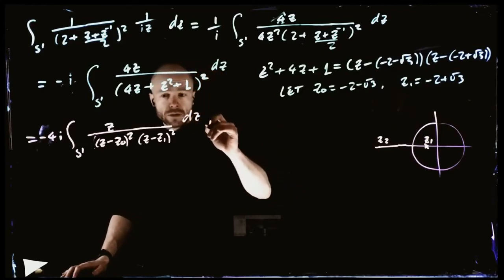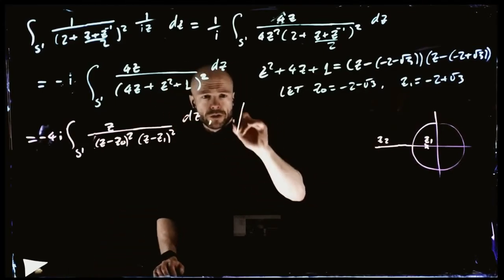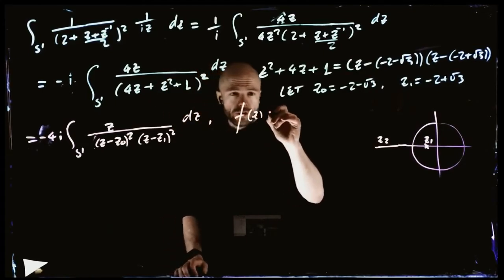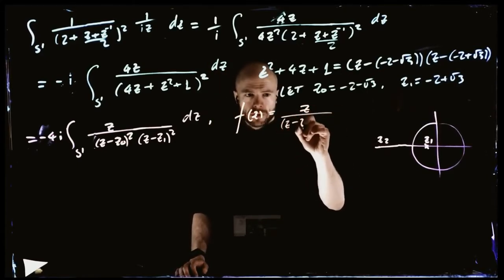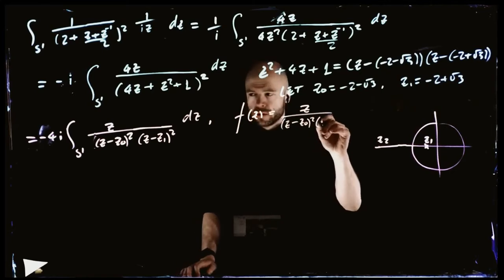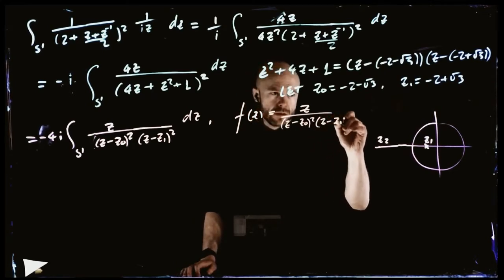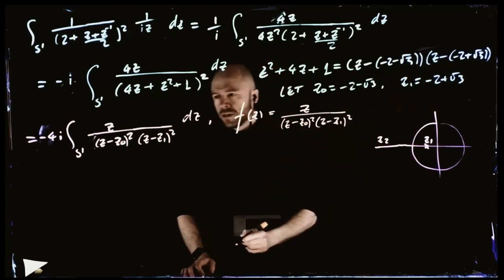Cool. All right. To simplify notation as well, let's just write f of z for this function. Okay, this is our nice function.